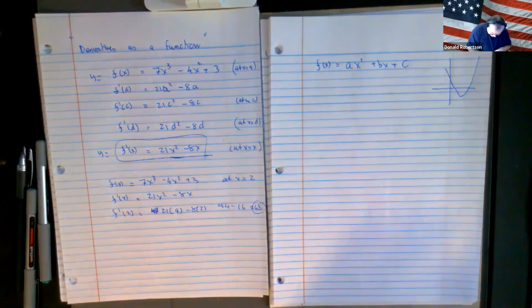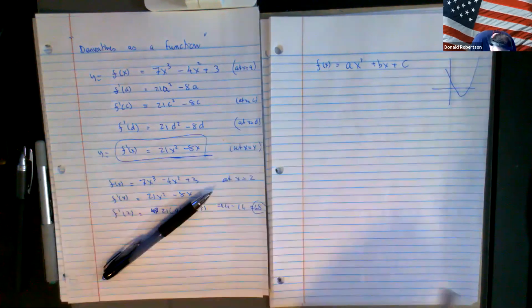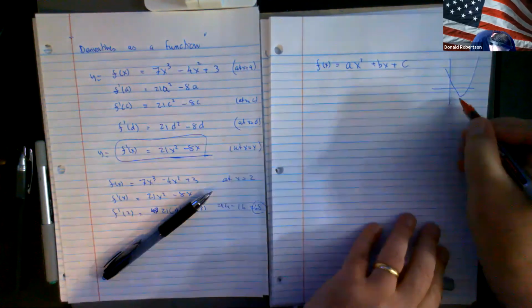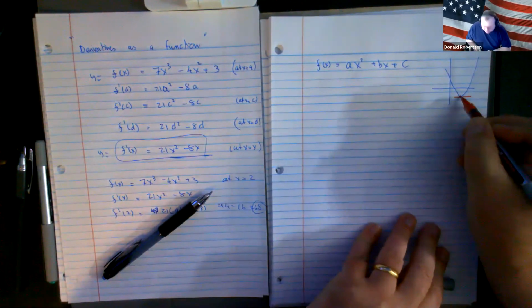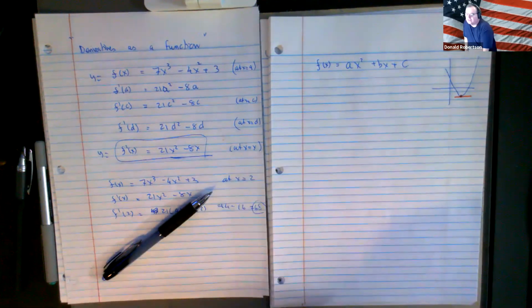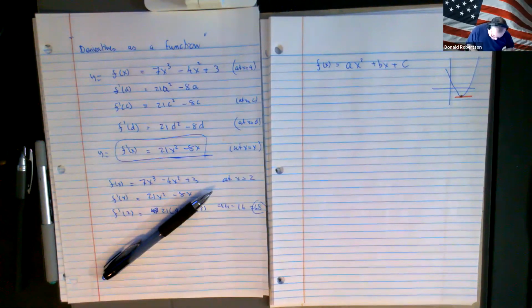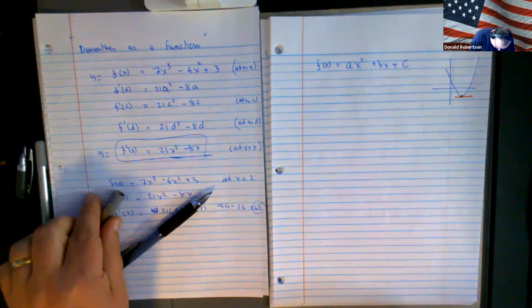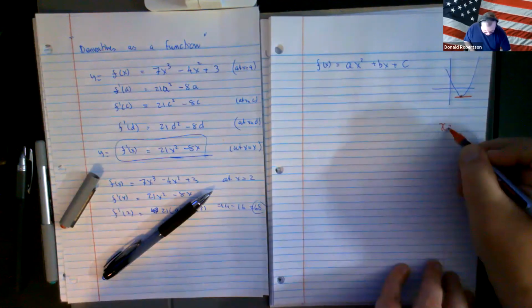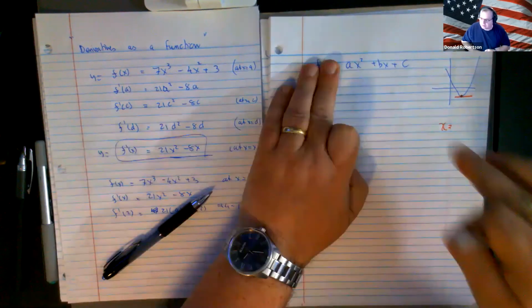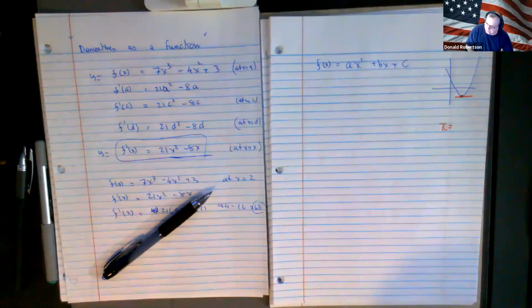Now, one of the things that we like to know is the x coordinate of the vertex. Can you remember the x coordinate of a vertex for any quadratic when it's written in this format? Do you remember its formula?